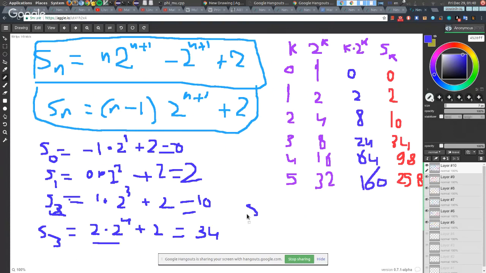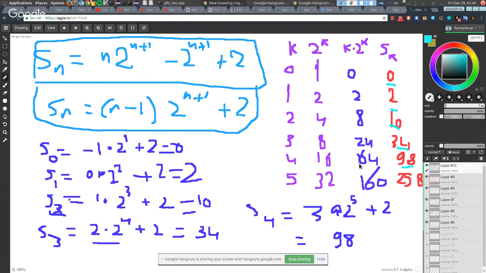Then we have S4, this is 3 times 2 to the power of 5 plus 2. This is 32 times 3, it's 96, plus 2 is 98, and so on. And we see it's matching the values that we got when we actually tried to compute the summation.